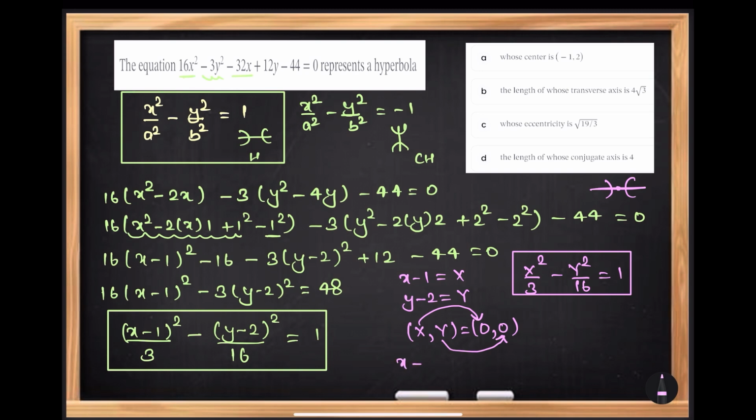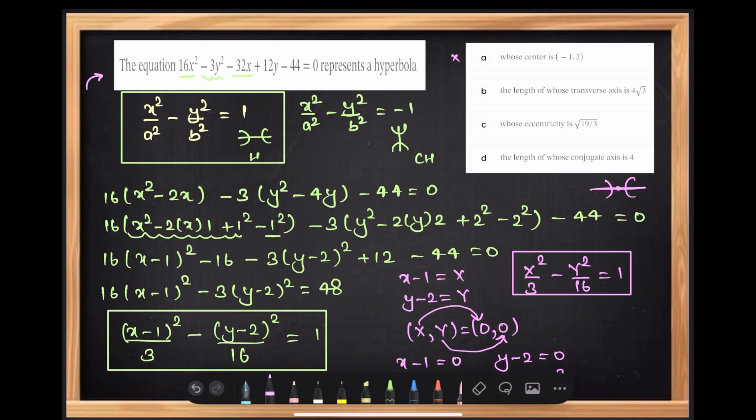Who is X? X is x minus 1, so x minus 1 equals 0, so x equals 1. Now Y equals 0. Y is y minus 2, so this has to be 0, so we got y equals 2. So the center of the given hyperbola is at 1 comma 2. But here they have given minus 1 comma 2, so option A is wrong.